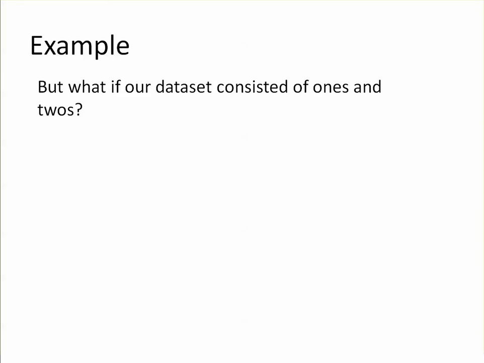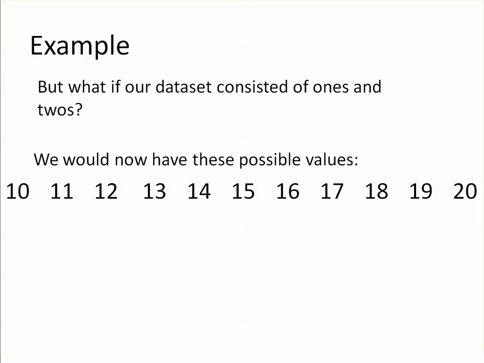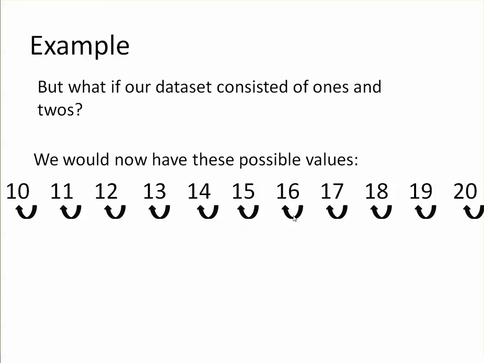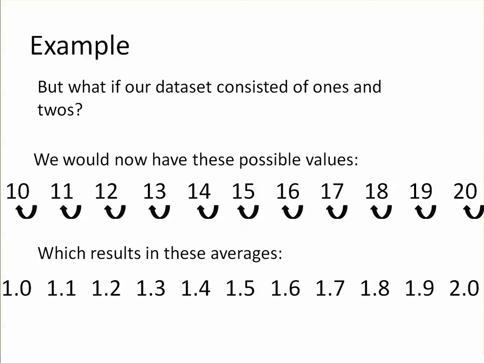So that was one data set. What if our data set was ones and twos instead of zeros and ones? Well, in that case, we would now have these possible values. We would have the possibility of 10 ones, 10 twos, or some value in between. And again, when we take the mean, we just move one spot to the left and we get these averages.